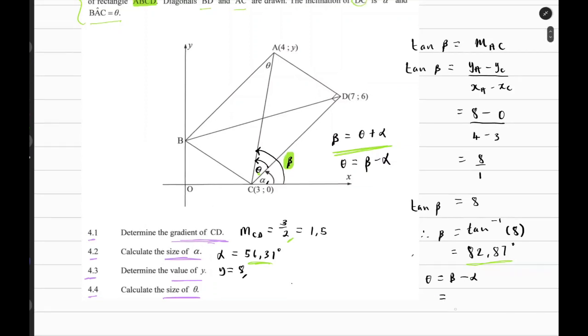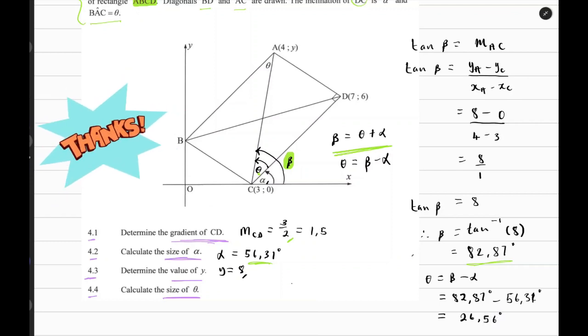Beta is 82.87 degrees minus alpha, which is 56.31 degrees. So this gives us 26.56 degrees correct to 2 decimal places.